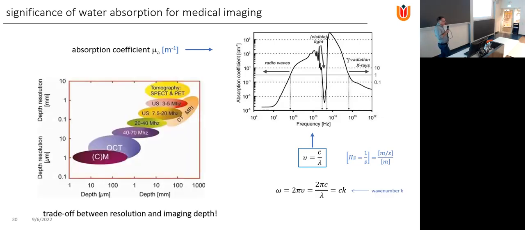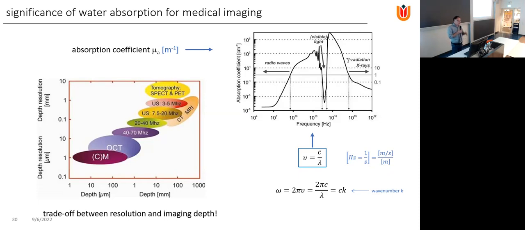Then if we look at imaging techniques that are currently being used in the field, all are operating in regions where the water absorption is low, but still you can see some huge differences in the resolution, so the small structures they can resolve, and the depth to which they can image. In the top right corner, we have again MRI, CT, PET and these techniques, which have a huge imaging depth.